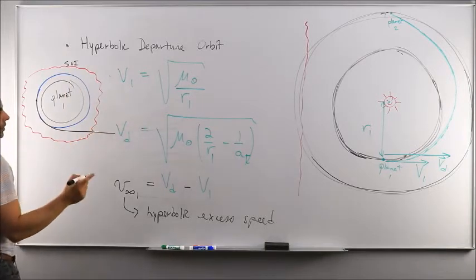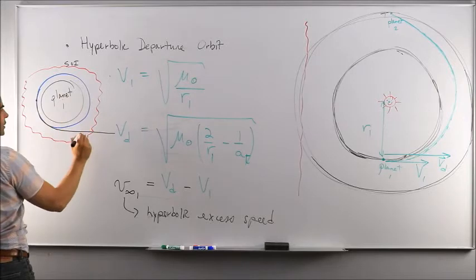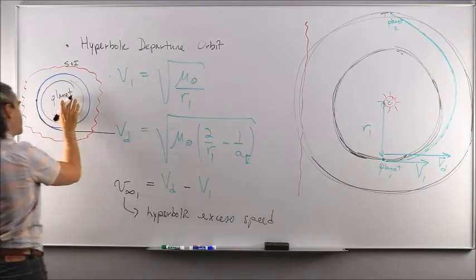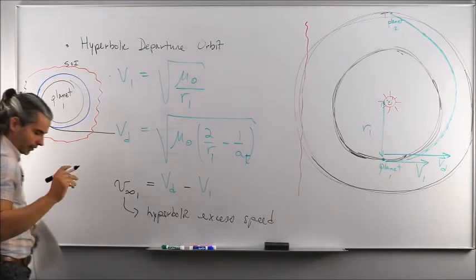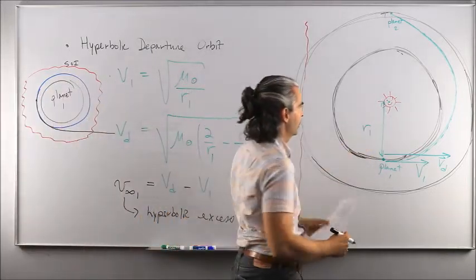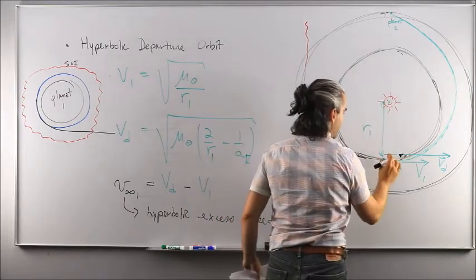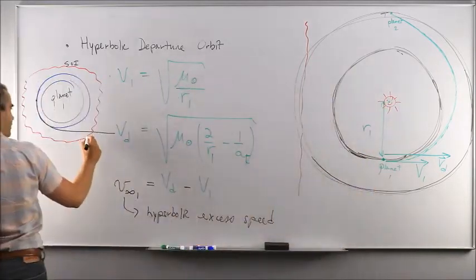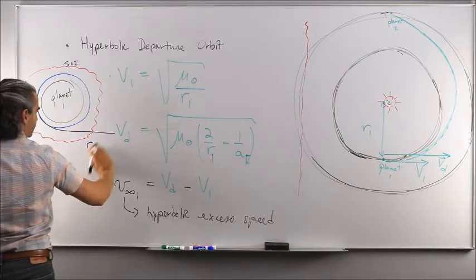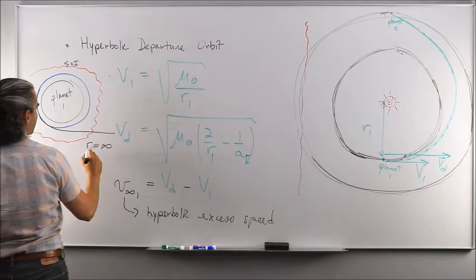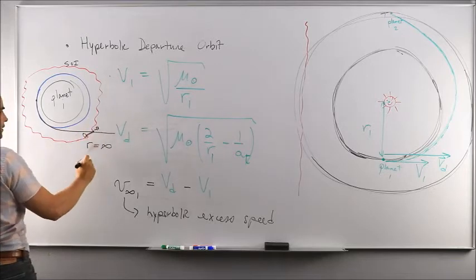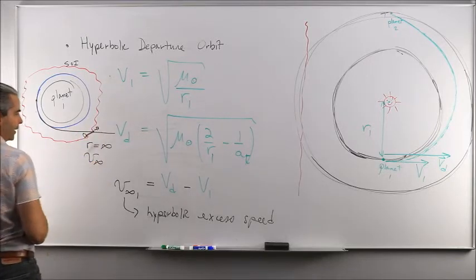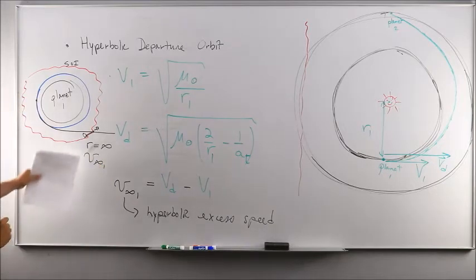So the speed that we're going to reach whenever the distance between planet 1 and the spacecraft reaches infinity, which is at the limit of the sphere of influence, by the way, because from that perspective, the sphere of influence is very large with the dimensions involved here. But contrary to what I said here, where the sphere of influence from that perspective is very small, yet here it's very large. So this is whenever r is equal to infinity between planet 1 and our spacecraft upon exiting the sphere of influence. This is the hyperbolic excess speed we're going to have here, and that is from the planet's perspective.